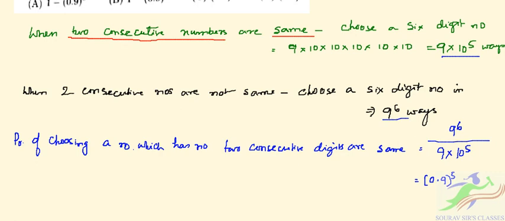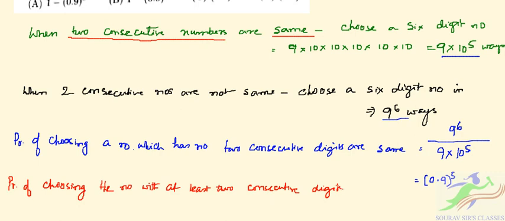Now we have to find the probability of choosing the number with at least two consecutive digits equal or same.